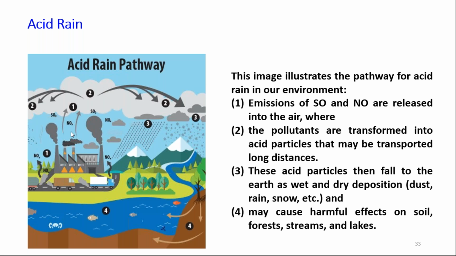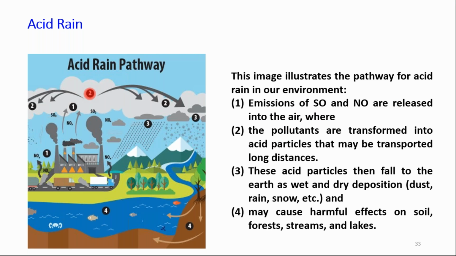First, we are using fossil fuels in automobiles or vehicles, in industries, factories, etc. From this hydrocarbon combustion, different gases are produced, like nitrogen derivatives and sulfur derivatives, that is SOx and NOx: SO2, SO3, etc., NO2, NO, NO3, or some nitrogen derivatives and their ions. So the emissions of SOx and NOx are released into the air, that is the first step.